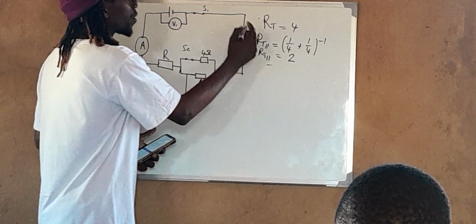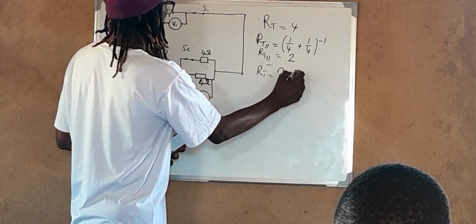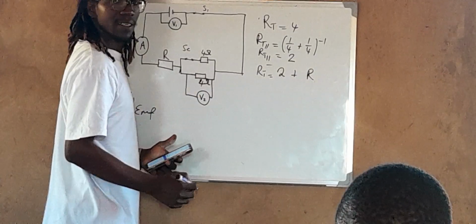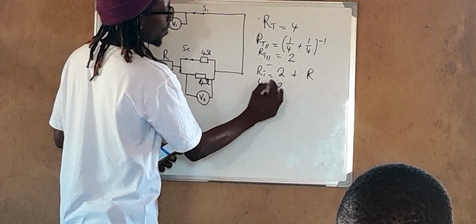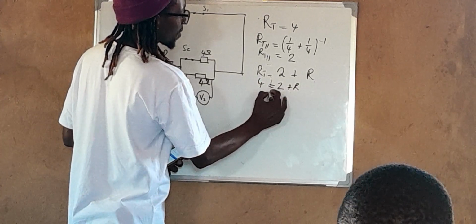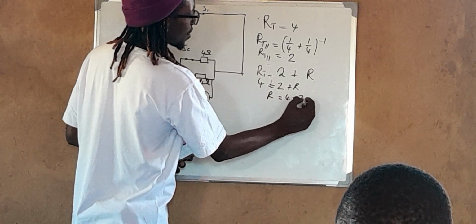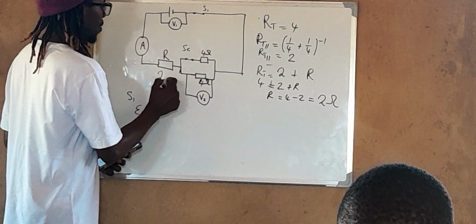But you know that R total is equal to this 2 plus this R, and R total is 4. So 4 is equal to 2 plus R, so R becomes 4 minus 2, which is 2.